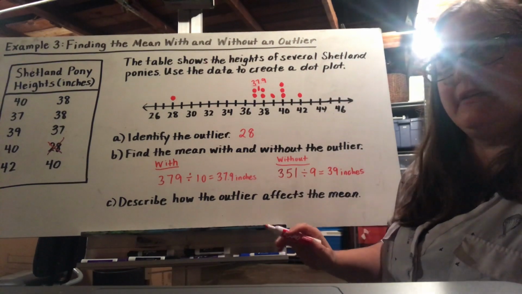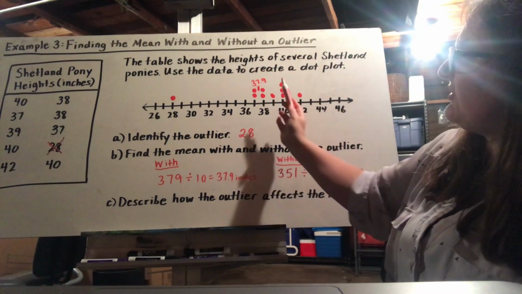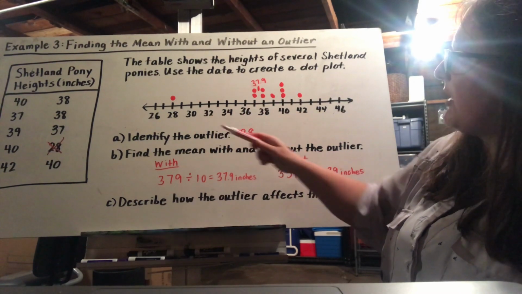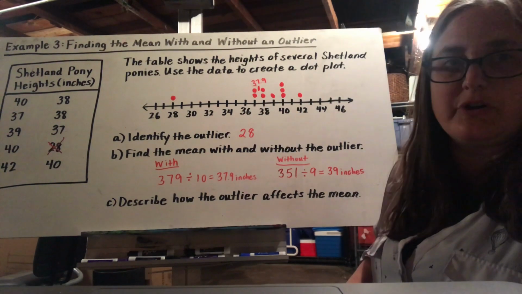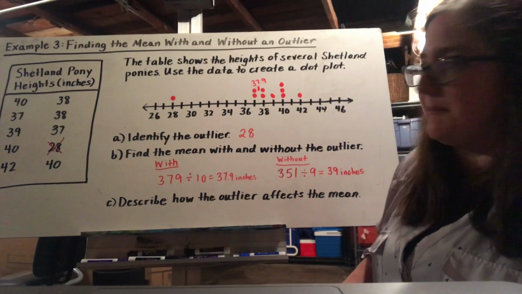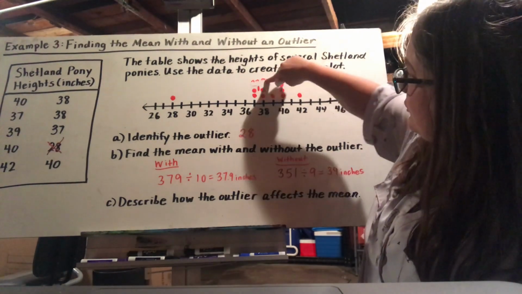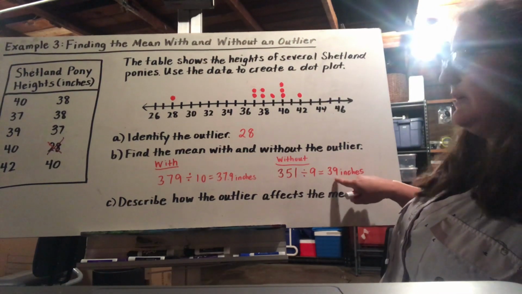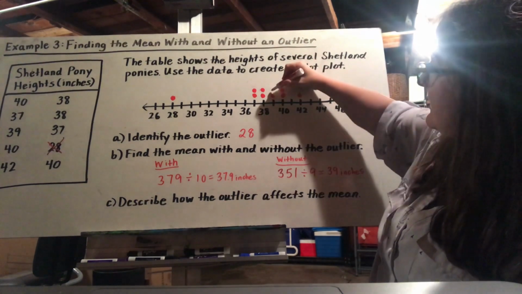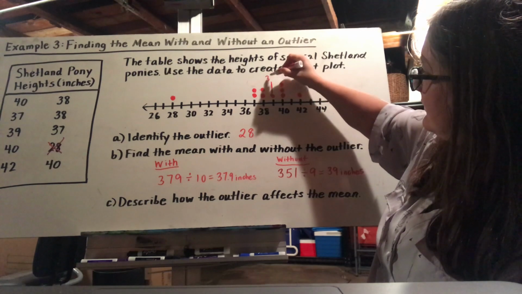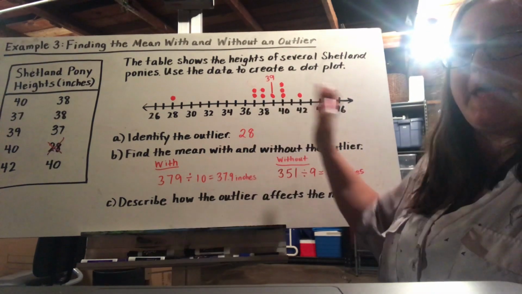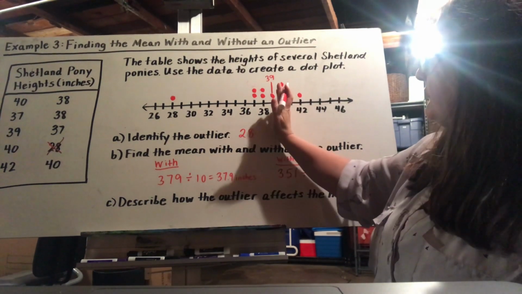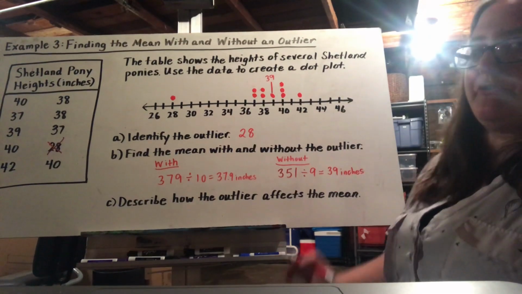And in this case, where 37.9 falls, there's not very many smaller than that, and there's quite a few larger. It's not a very great central number. But if I use the mean without that outlier, 39 right here, I have a much more balanced number of ones lower than 39 and greater than 39.